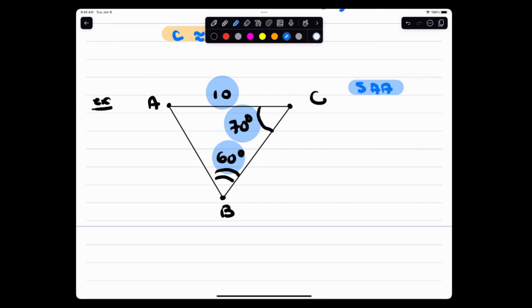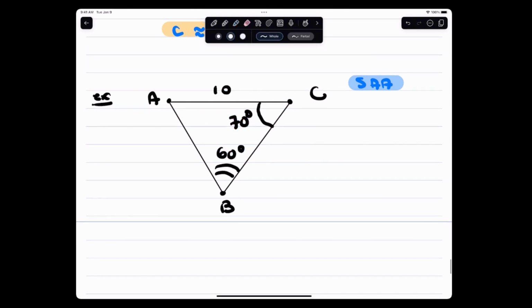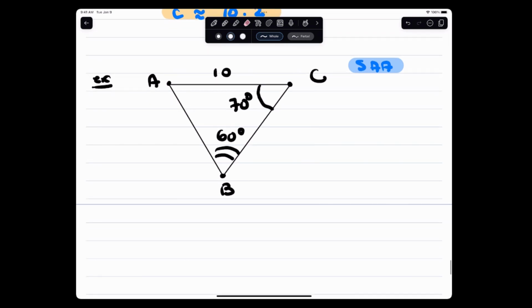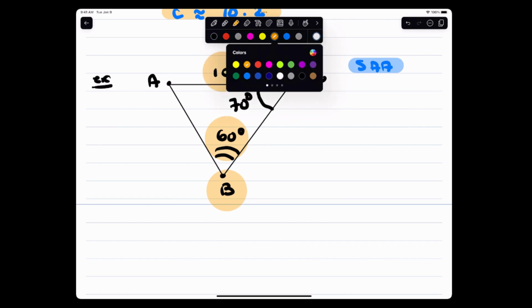All right, you guys ready for this? Did you guys get some answers? Okay, so here's what I want to share with you guys. I don't know what colors we're using. Let's do this. For angle B, we'll use orange.